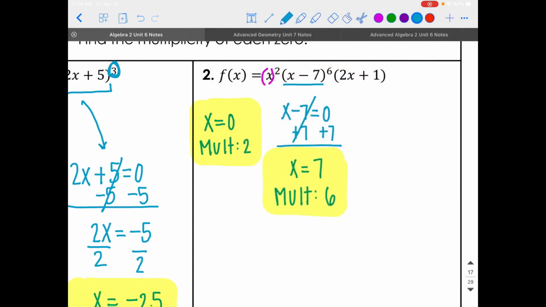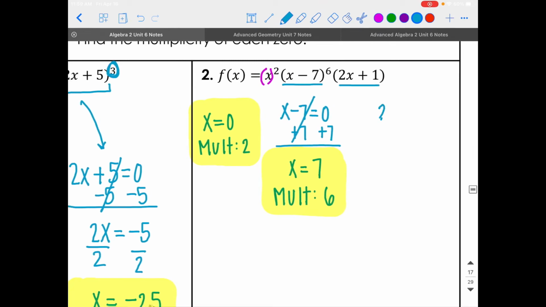And then our last one, well, rats. We have 2x plus 1 equals 0. We subtract 1 from both sides. Those cancel. 2x equals negative 1.